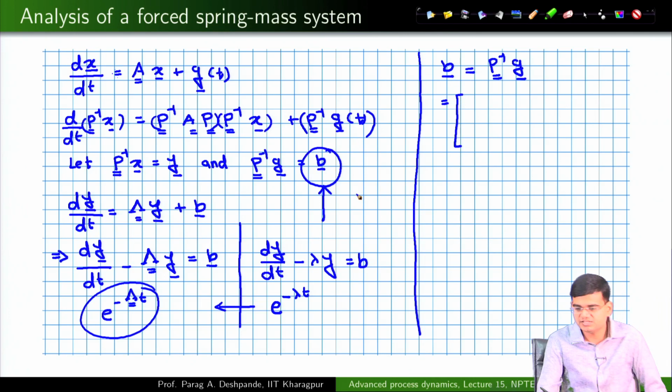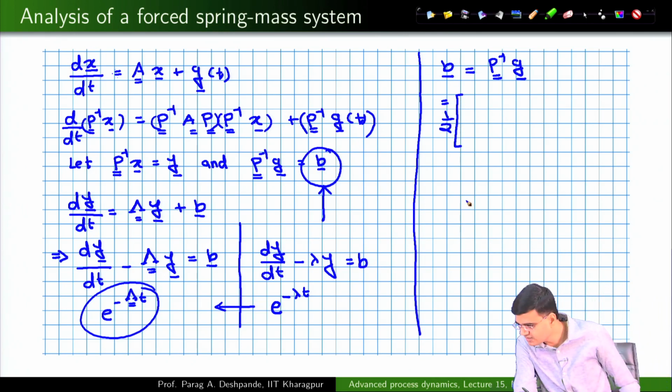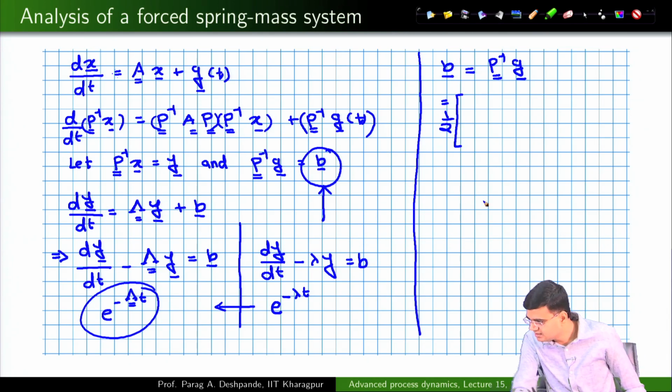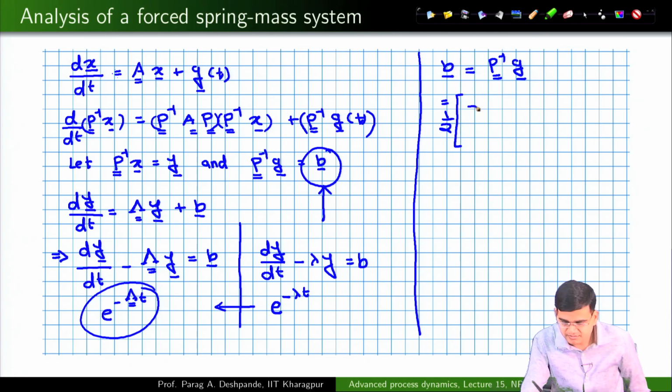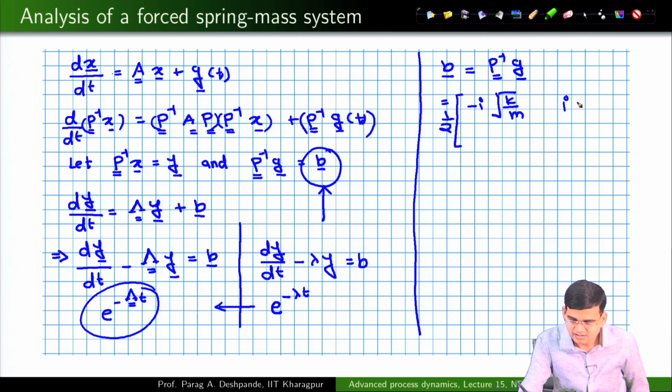P inverse in our previous case was 1/2 multiplied by [i√(k/m), 1; i√(k/m), 1].